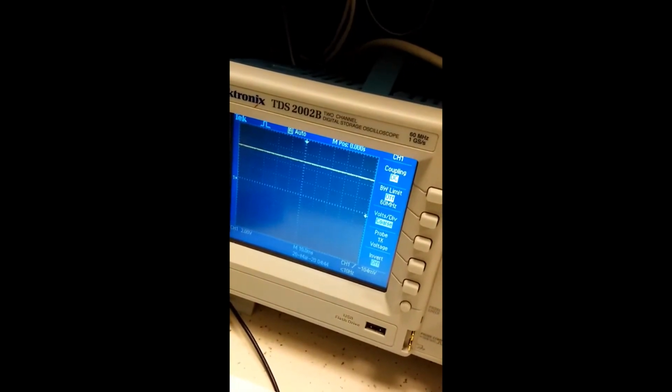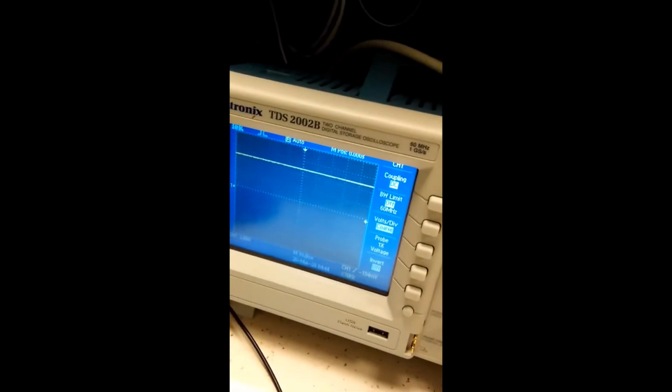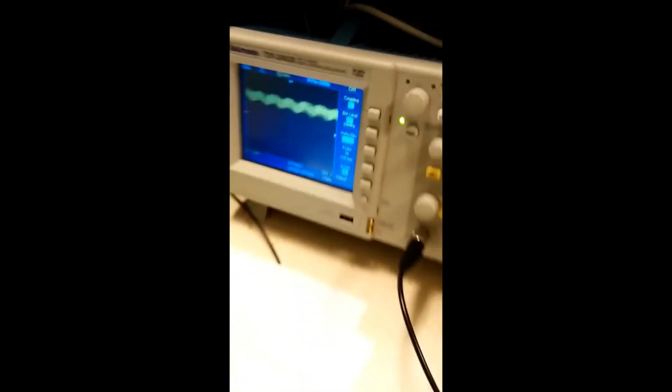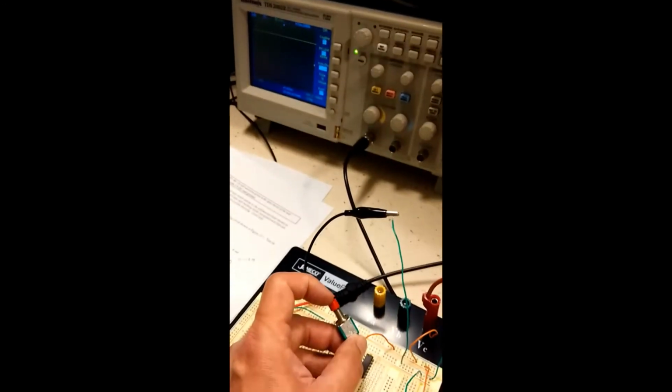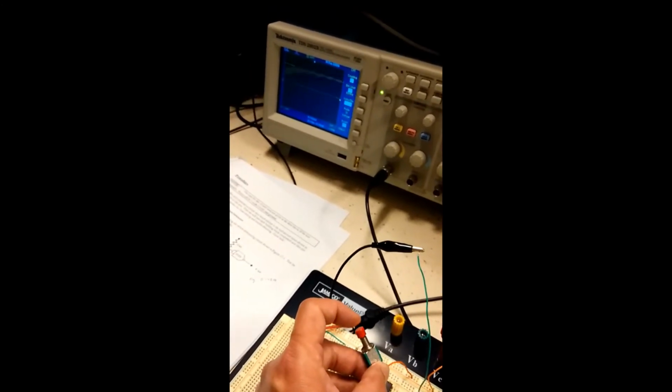The output is 5 volts, right? You can check. Now if I turn it on, you see how noisy it's going to be.